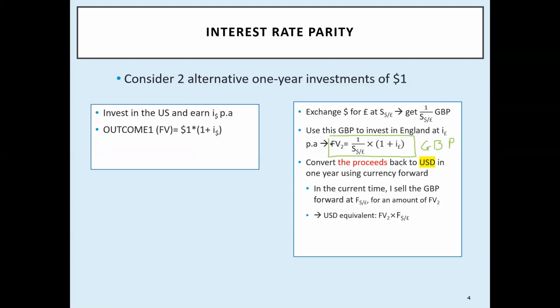I'm expecting to receive pounds after 1 year. So if I want to hedge my currency exposure, do I want to enter into a long forward or a short forward? In other words, do I want to sell the pounds forward or buy the pounds forward?